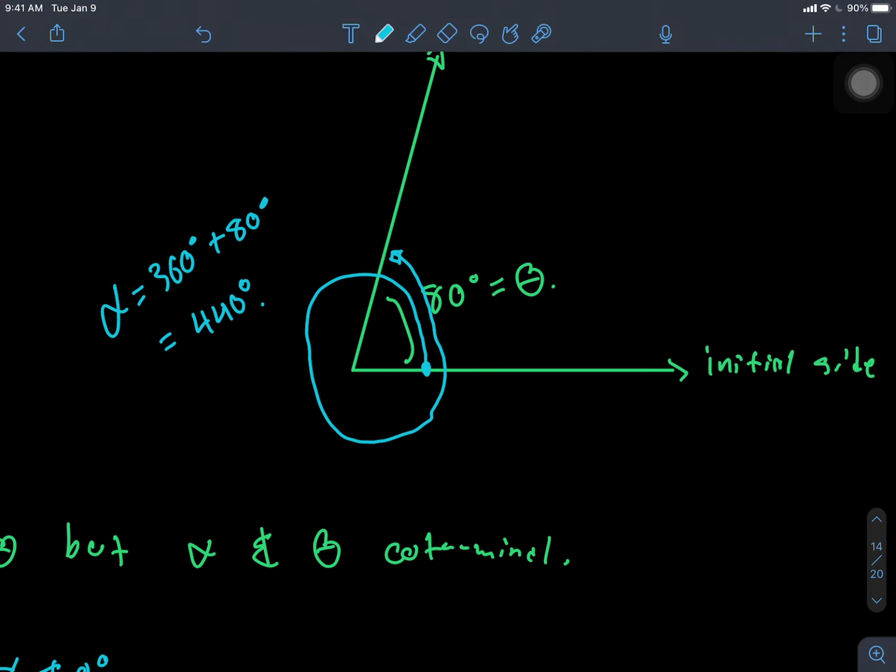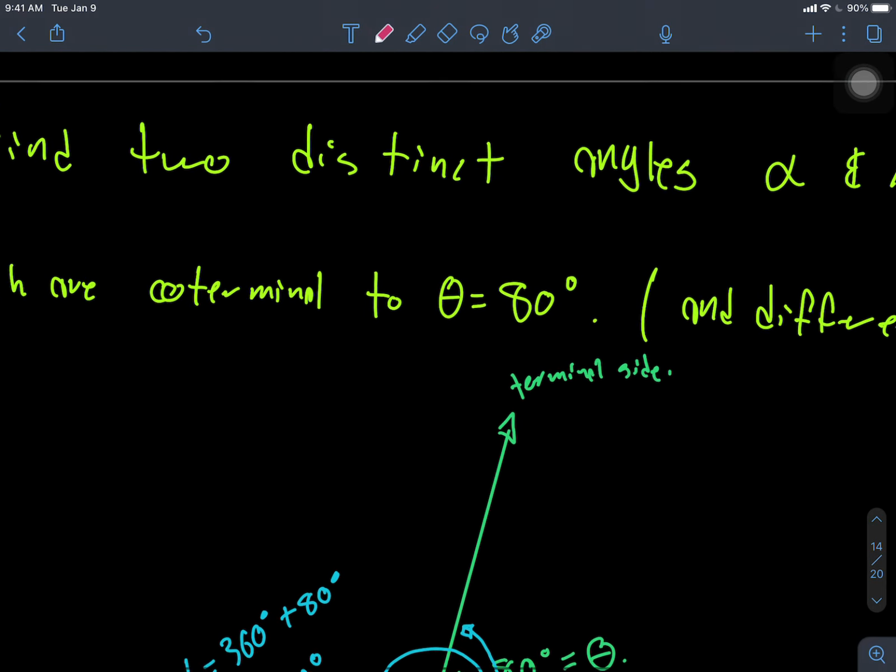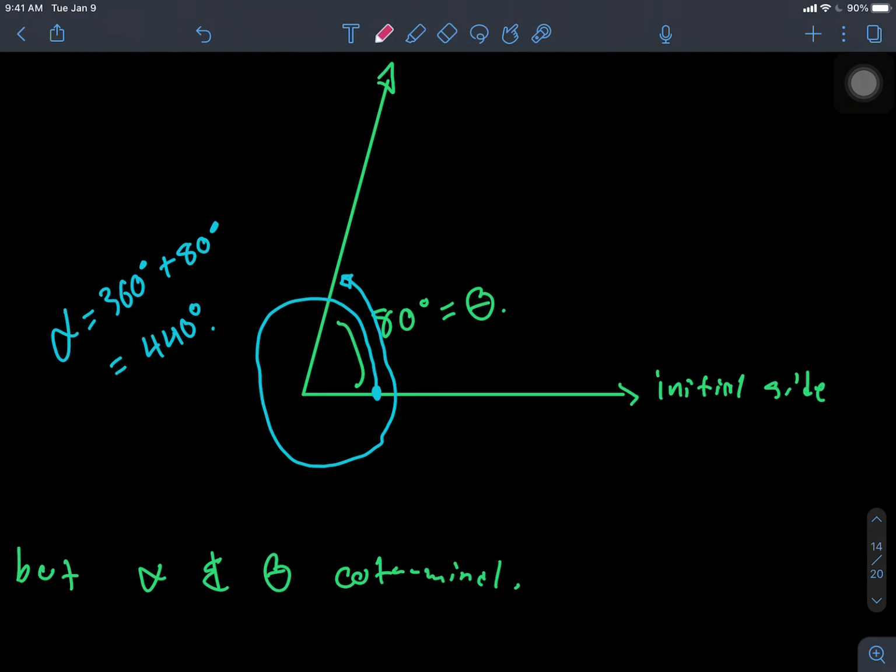Or I could also be clever, and since we're supposed to find two, we might as well call this one beta. Instead of going in a positive direction, we could do a negative angle, which starts at the same place and ends at the same place, such as this angle, beta.